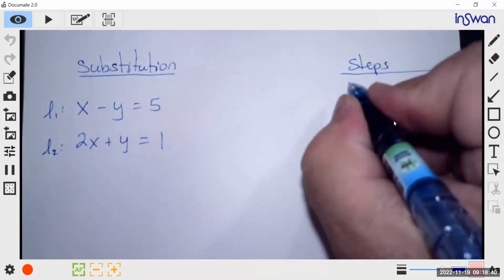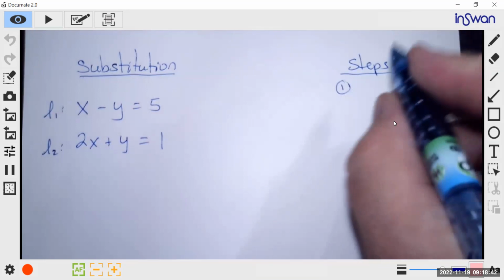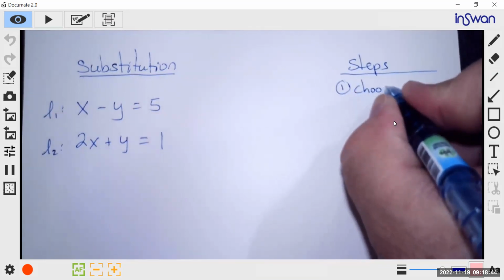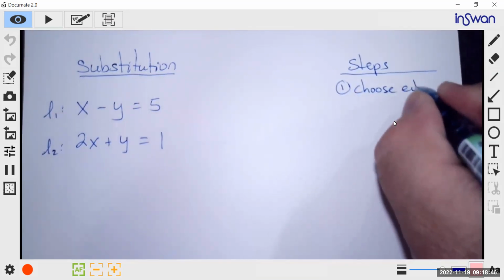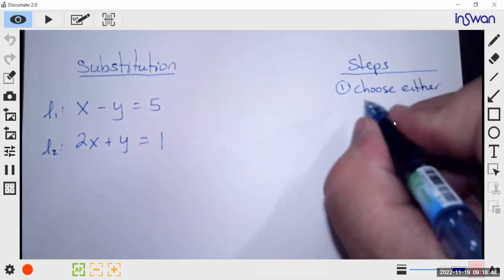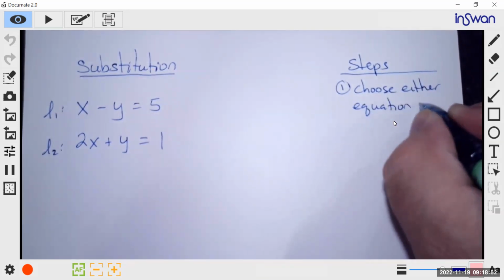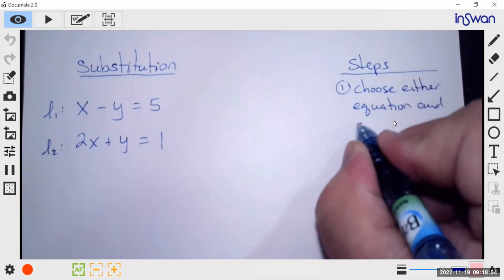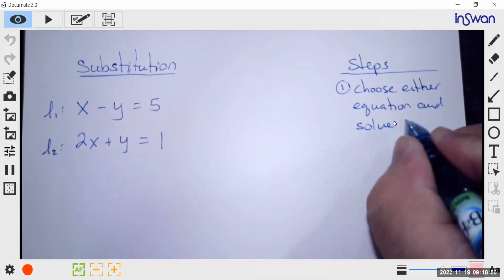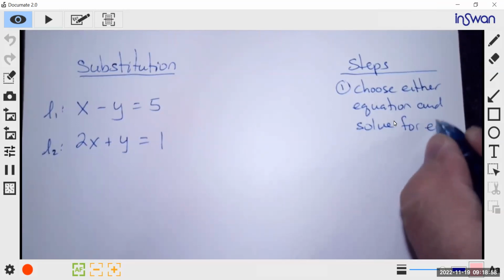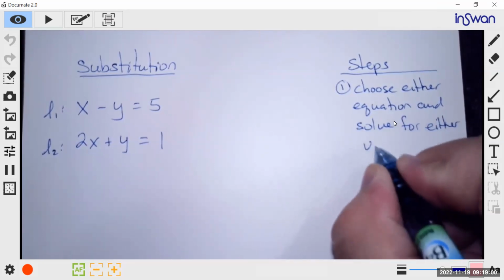In substitution, choose either equation and solve for either variable.